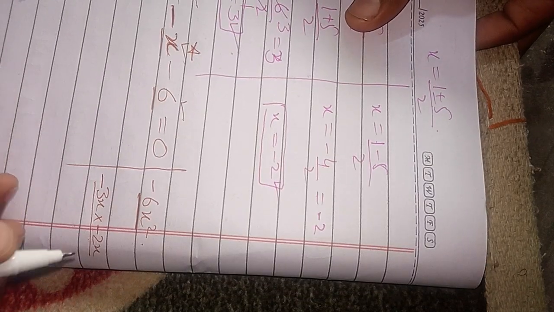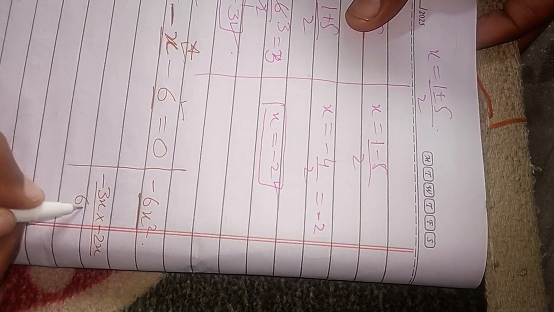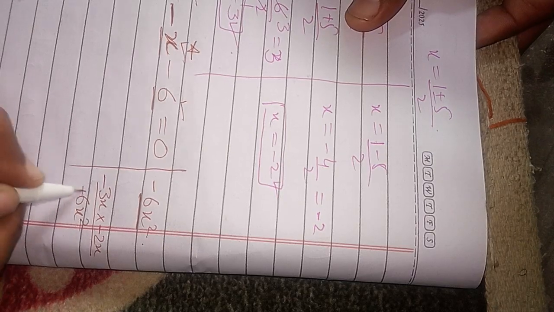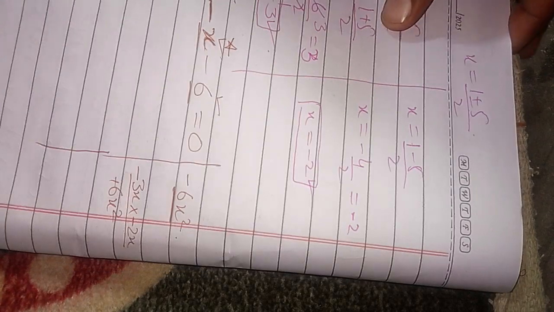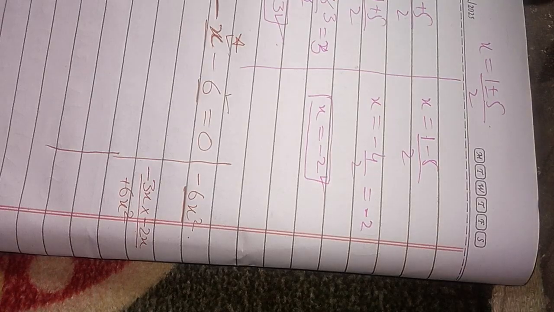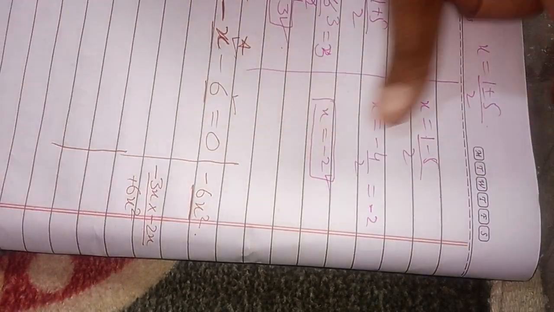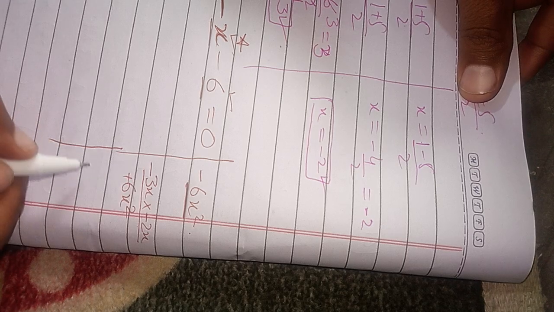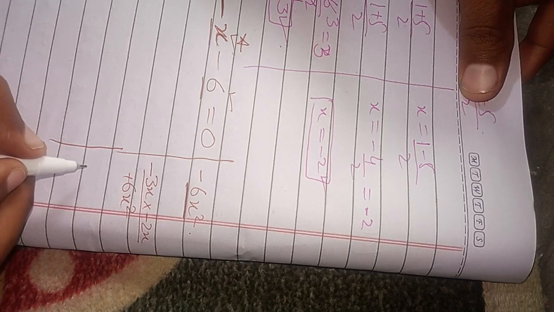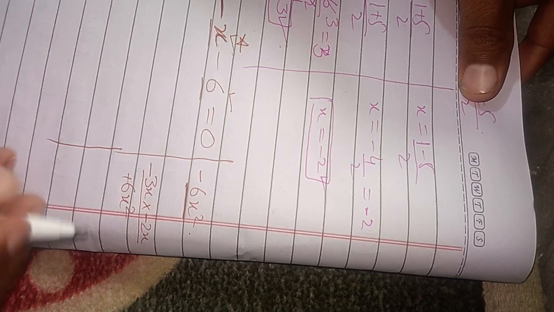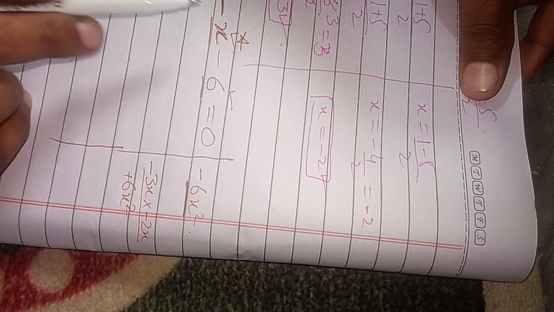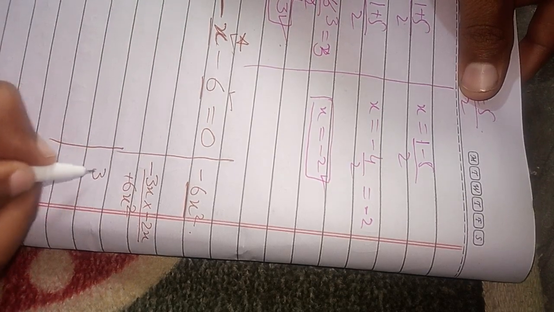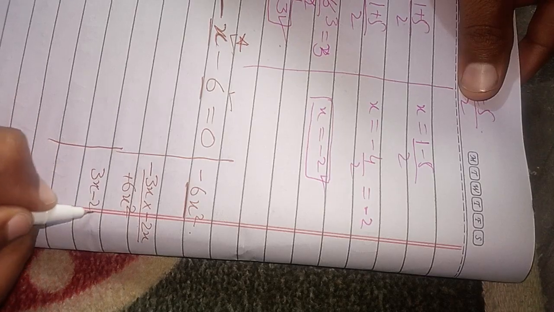Minus 3x minus 2x, but this is not giving us minus 6x square, this is giving us plus 6x square. But we are finding those terms which give us minus 6x square. Let's find other terms that give us minus 6x square. 3 twos are 6, we can say 3x minus 2x.